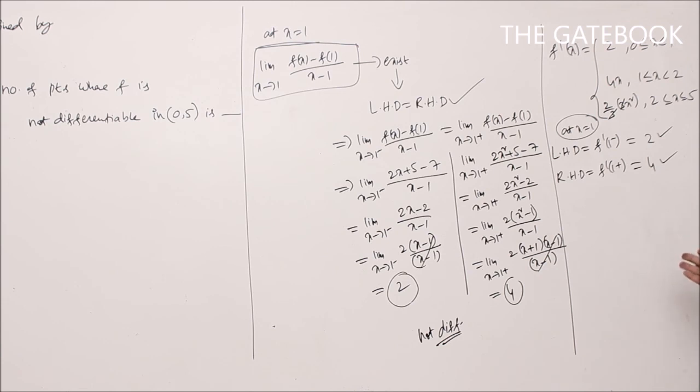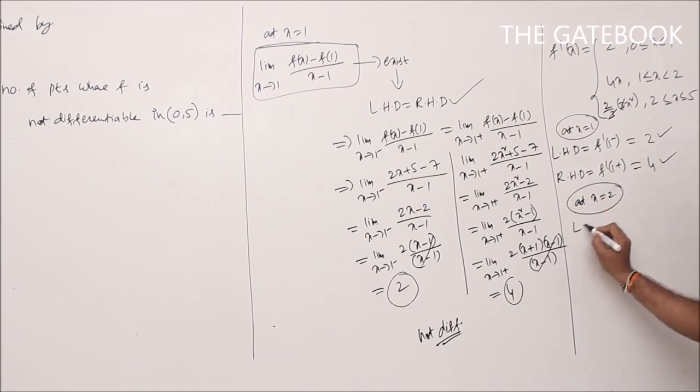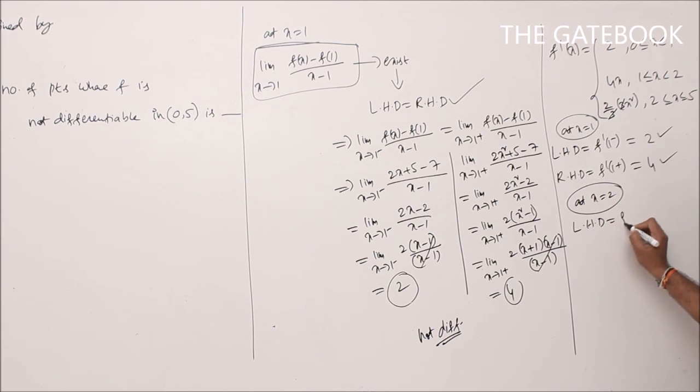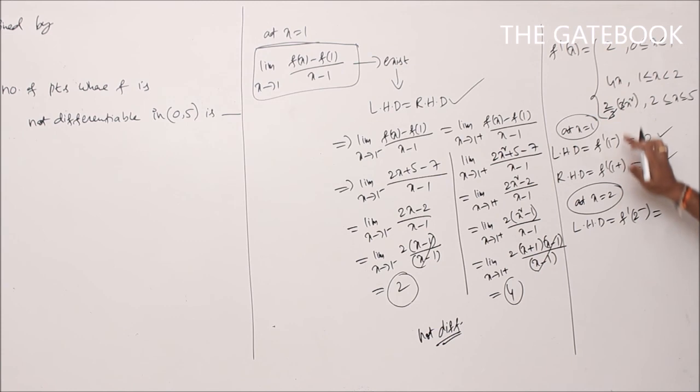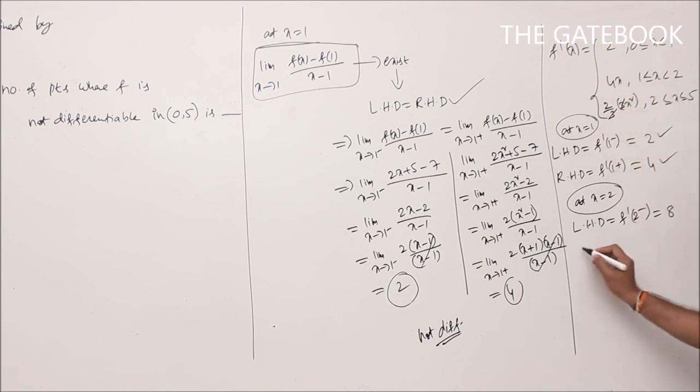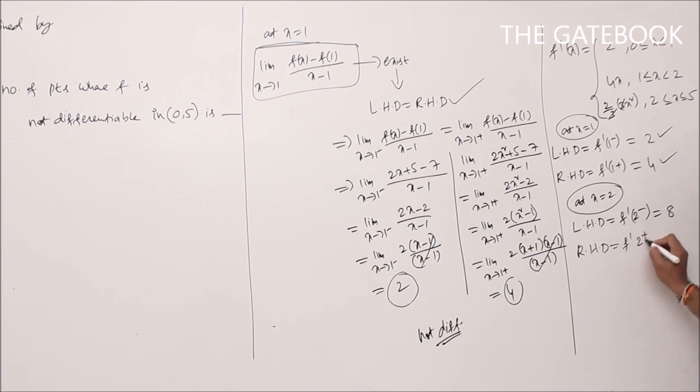Now similarly checking differentiability at x is equal to 2 also, using the same shortcut method. At x is equal to 2, the LHD, the left hand derivative, is f dash of 2 minus. When x is less than 2, the corresponding function is 4x. Replace x with 2, we get 4 into 2, which is 8. RHD is f dash of 2 plus.